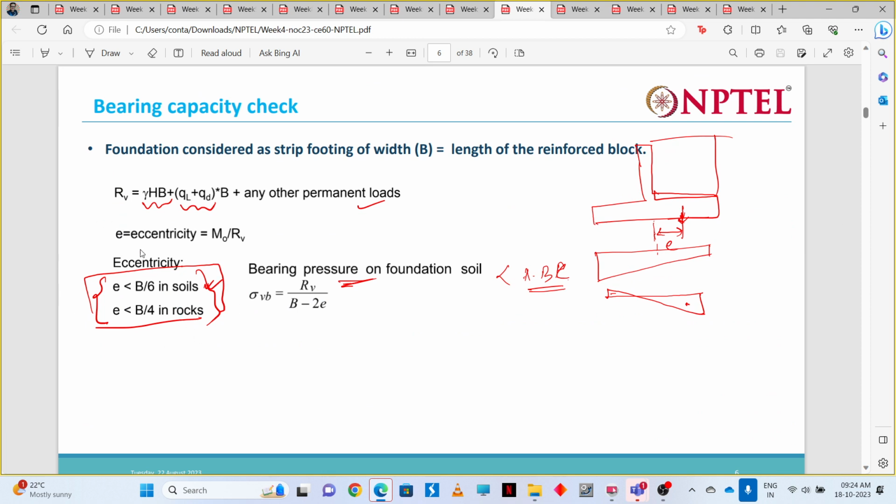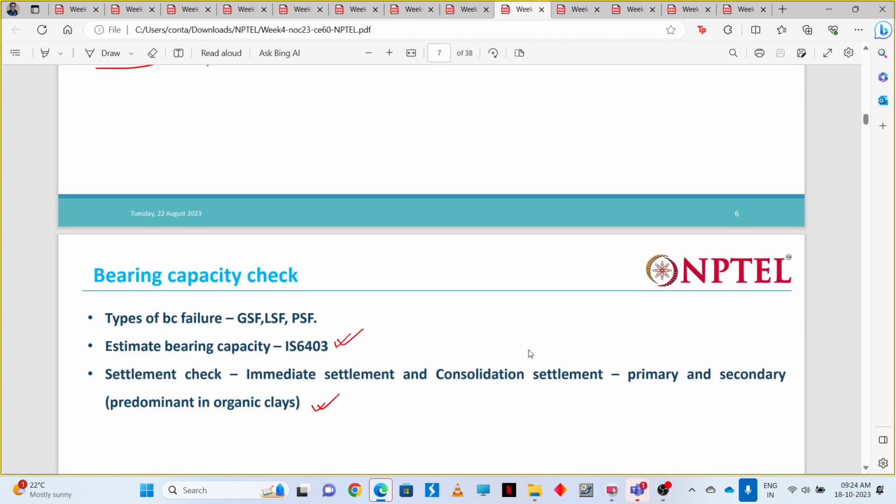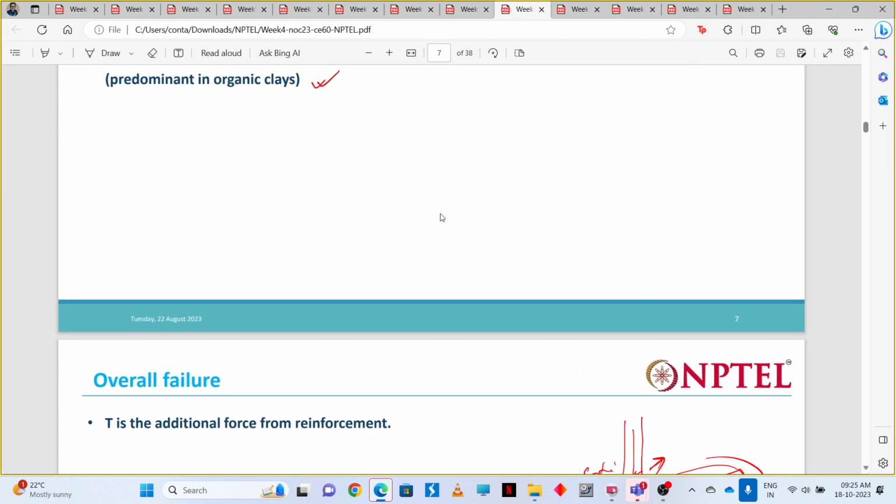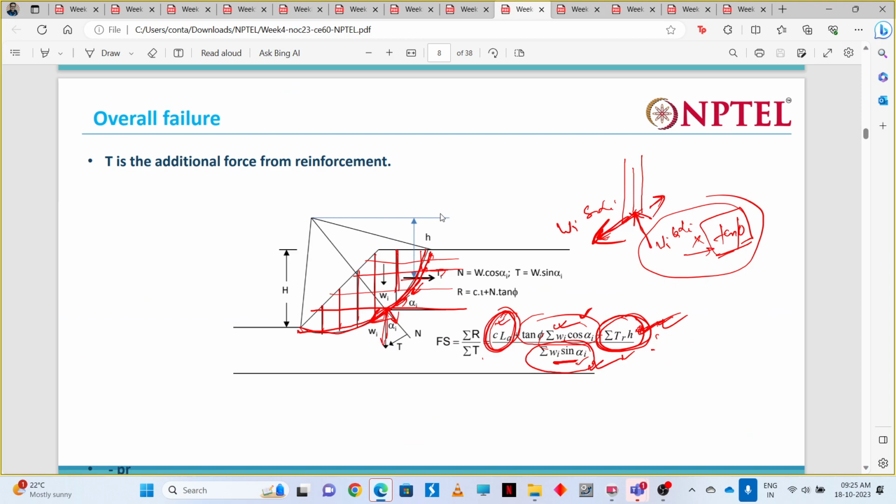You also need to ensure that the eccentricity is proper, because if the eccentricity is not in this range, then tensile forces will be generated at the base, and you know that soil cannot take tension. So we need to ensure that the eccentricity of the vertical loads is in this range. And then we discussed how to determine the bearing capacity.